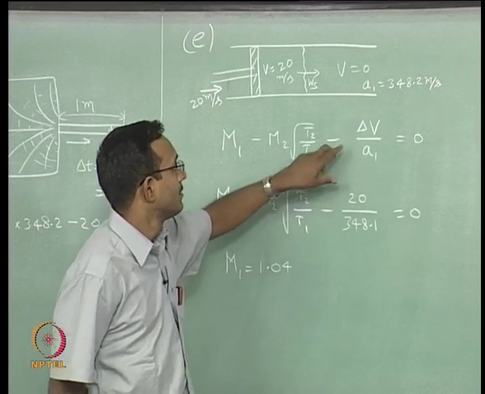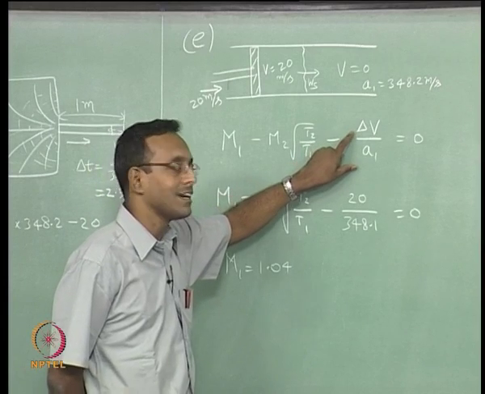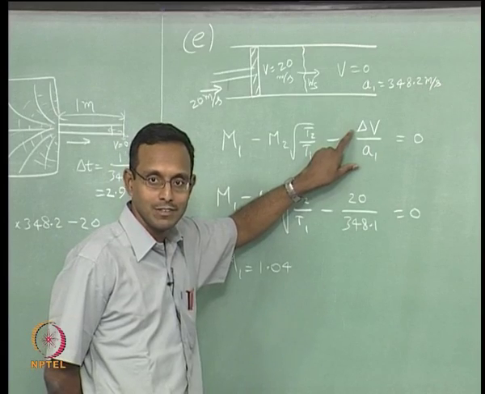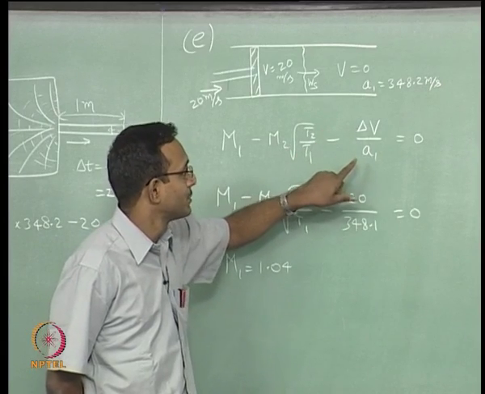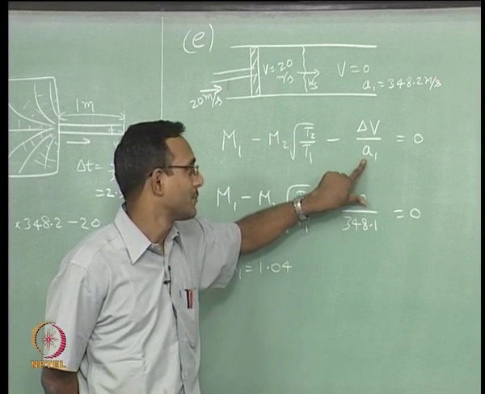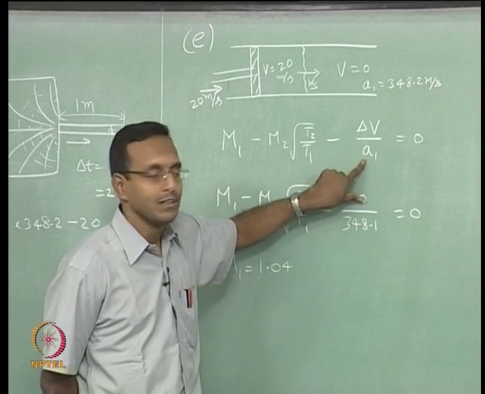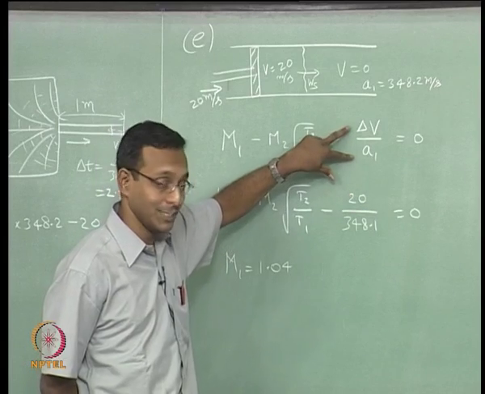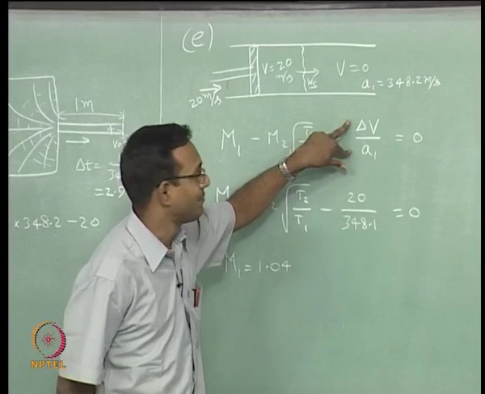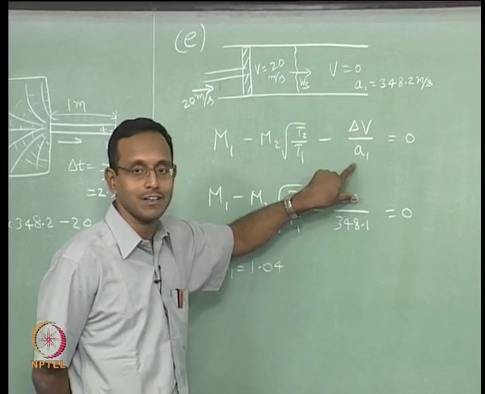If I tell you that the delta V that needs to be created in the flow is some value, and the speed of sound for the original gas, the incoming gas for the shock, happens to be A1, what actually matters is the ratio, not the values.